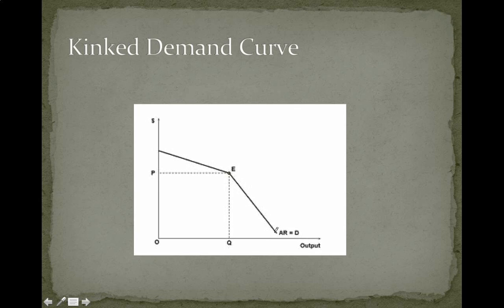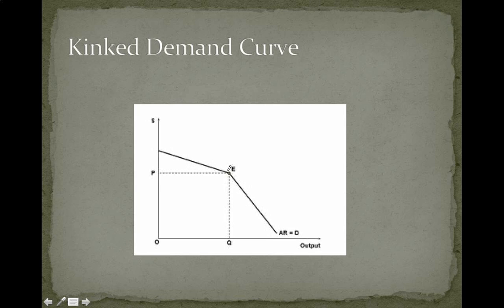But when GM lowers its price, you might have an incentive to purchase a General Motors car. Chrysler knows that, so they have to follow suit, and they also will lower their price, which means if everyone's lowering their price, then we are going to continue to buy what we were buying before because there's really no incentive to change.